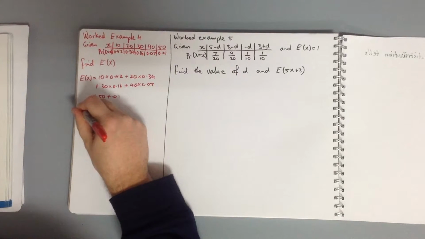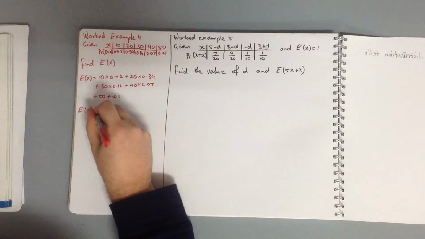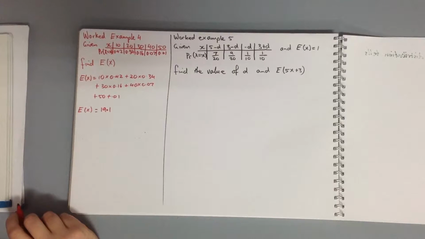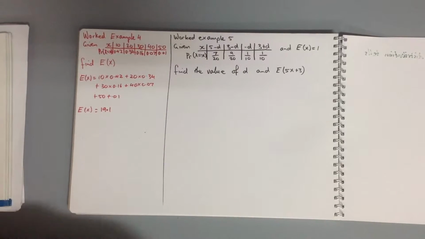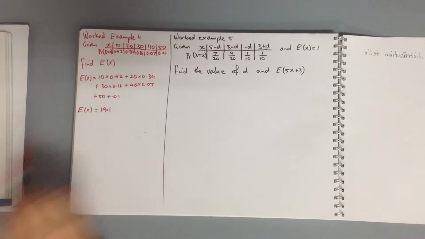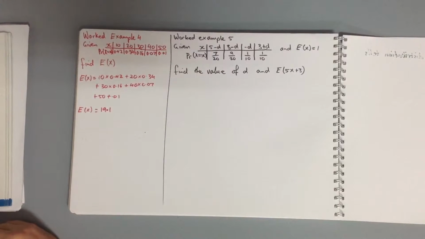When we do the arithmetic, we find that our expected value is equal to 19.1. That's what we'd expect to get if we conducted this trial, or whatever it is that's being represented, multiple times. We'd expect to get 19.1.